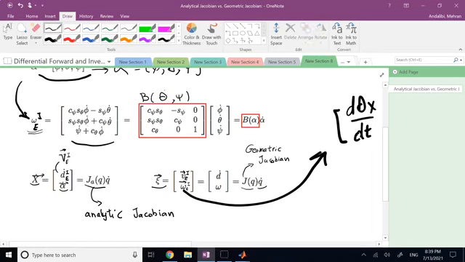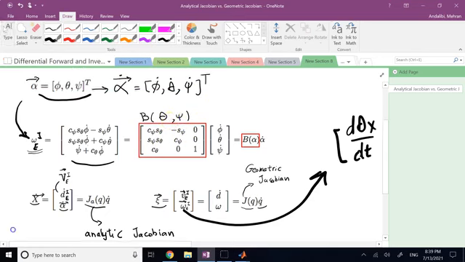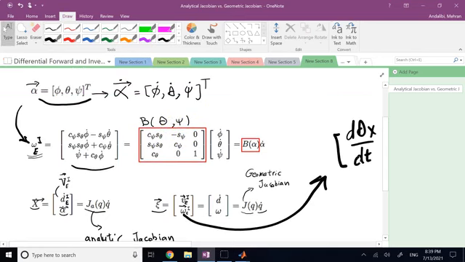Okay? But if you consider that this is also a function of phi, but the functionality of phi is 0, so there is nothing in it, then you can call this whole thing your alpha. So you say this is my matrix B of alpha times these phi dot, theta dot, and psi dot, which I call alpha dot.